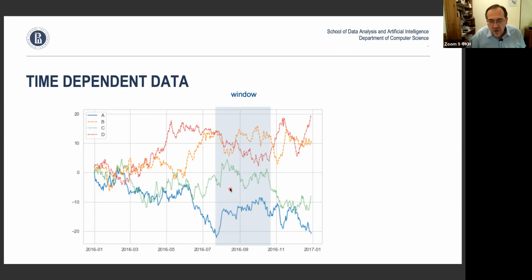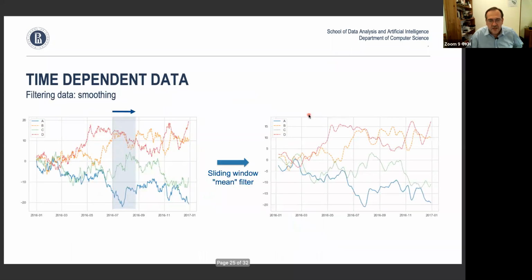All right, so there is this window, right? And for example, one of the operations we might want to do within this window is what's called mean filtering. The reason I'm talking about these operations now, when I talk about time-dependent data, is that it is quite different.